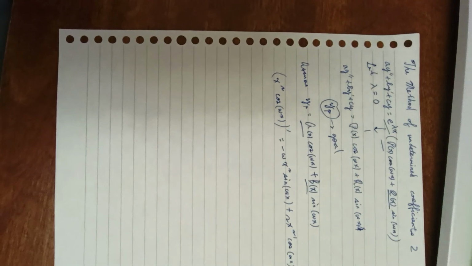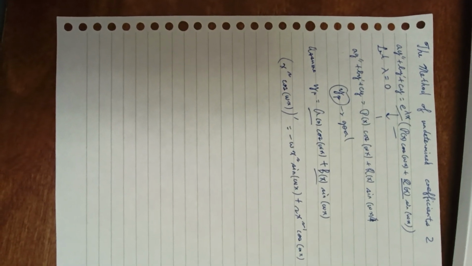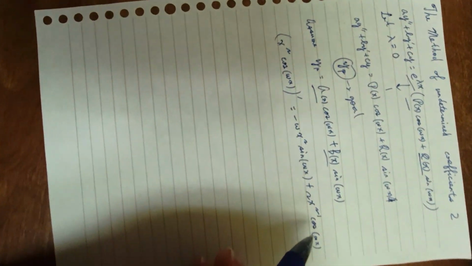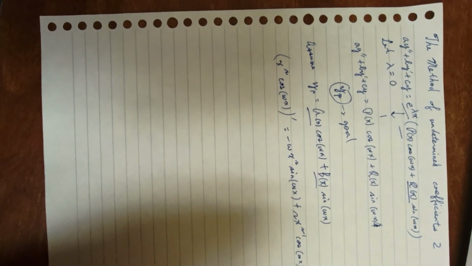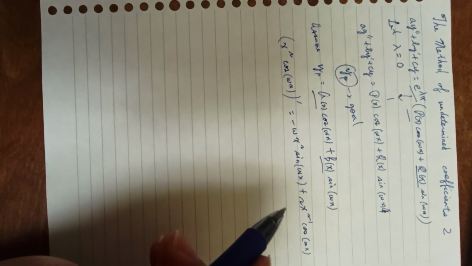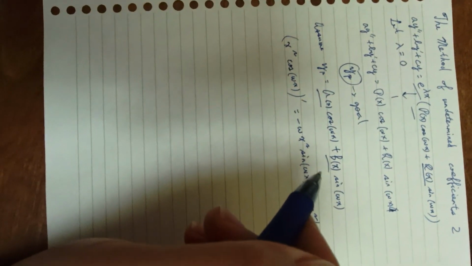As we can see, the sine plus cosine structure does not change, and the only thing that changes is the exponent, right?